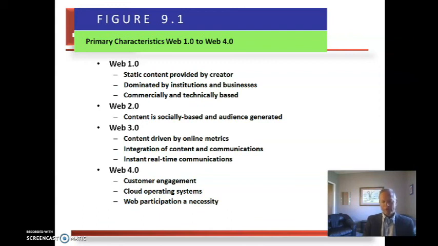Well, now we're into Web 4.0, which is all about customer engagement, cloud operating, and those types of things. The big thing with Web 4.0 is CRM, customer relationship management.